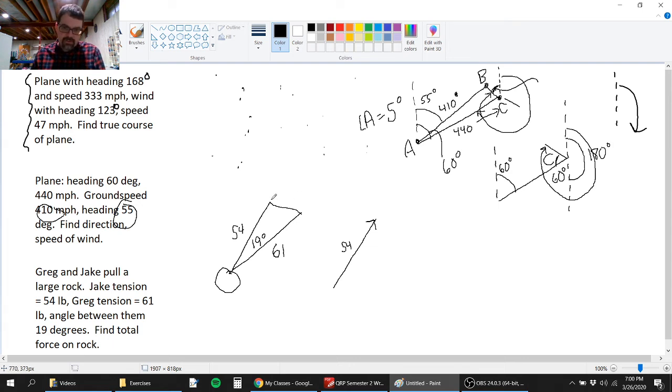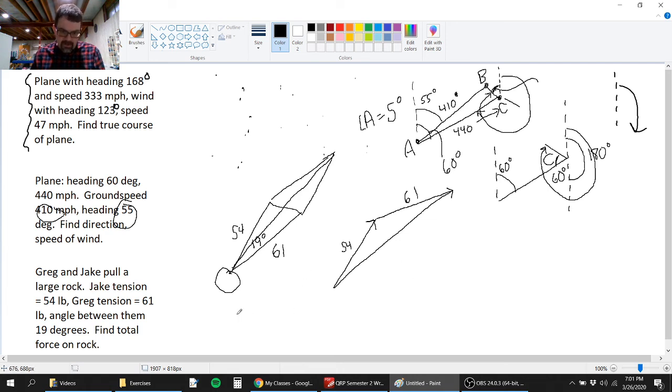Or in other words, completing the parallelogram. And the result is what comes all the way across here. So if I were just to draw this onto the end, and this was 61, and then this, like so, that magnitude is what we're trying to figure out, the length of that side.